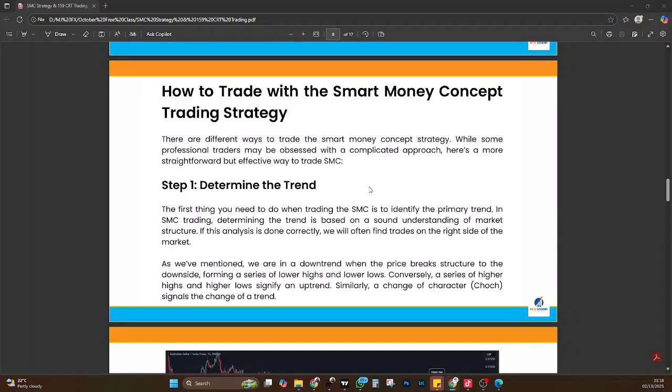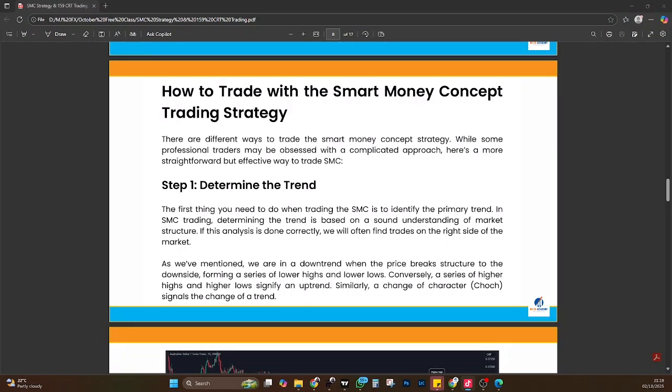Number 1, determine the trend. Are we in an uptrend? Are we in a downtrend? Or are we ranging? This is the most important thing. If we are ranging, wait for the market to tell you where we are moving to.